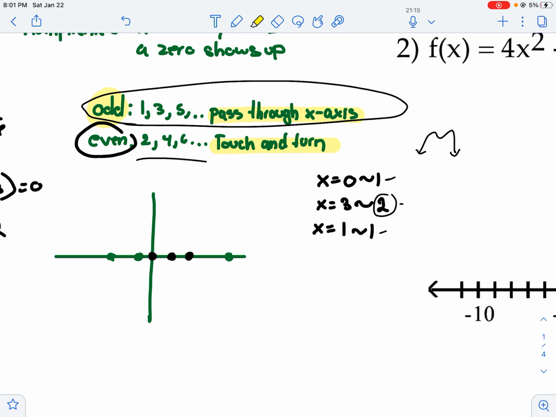Let's just say those were your zeros. So 0, 3, and 1. 0, 1, and 3 is going to be over here, okay?